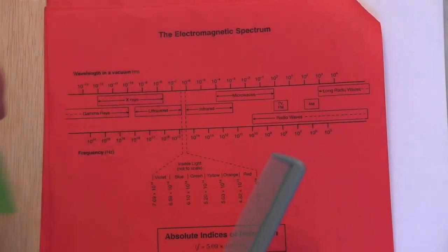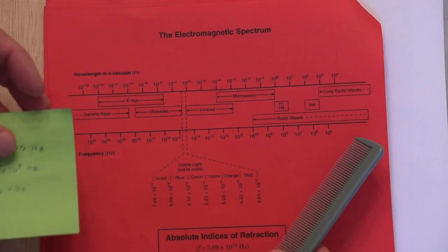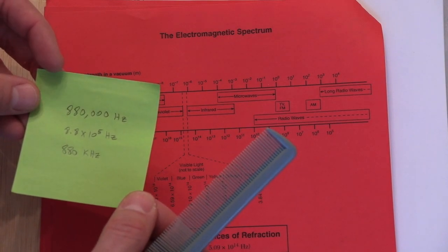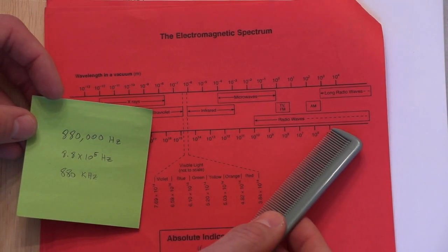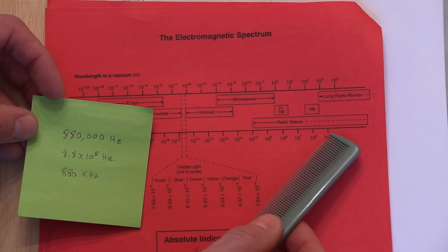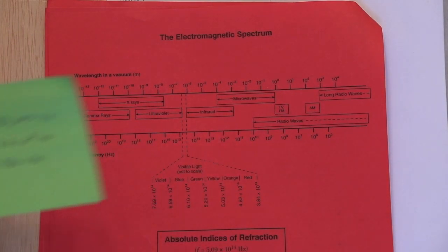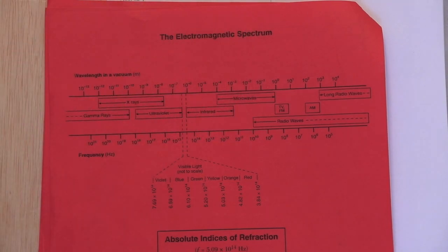If you look here along the diagram, somewhere around here, 8.8 times 10 to the 5th is between 10 to the 5th and 10 to the 6th. I am at the bottom edge of what we call the AM radio wave spectrum of the electromagnetic spectrum.